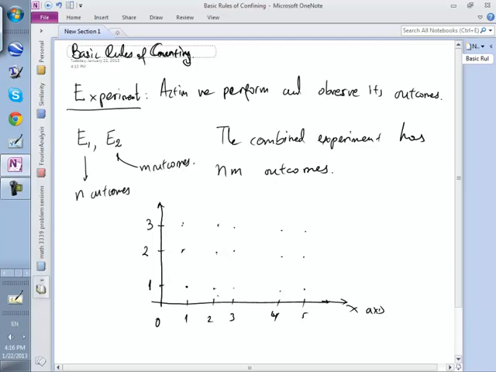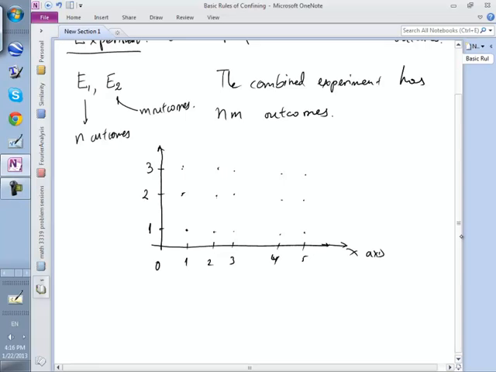So how many points do I have? I have 3 times 5, 15 points. That's the grid, and this is exactly an illustration of what I mean. The combined experiment has n times m outcomes. Okay?